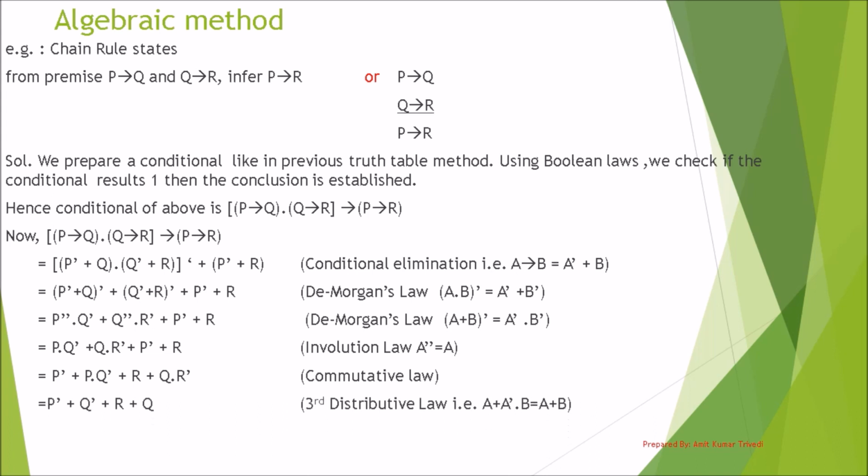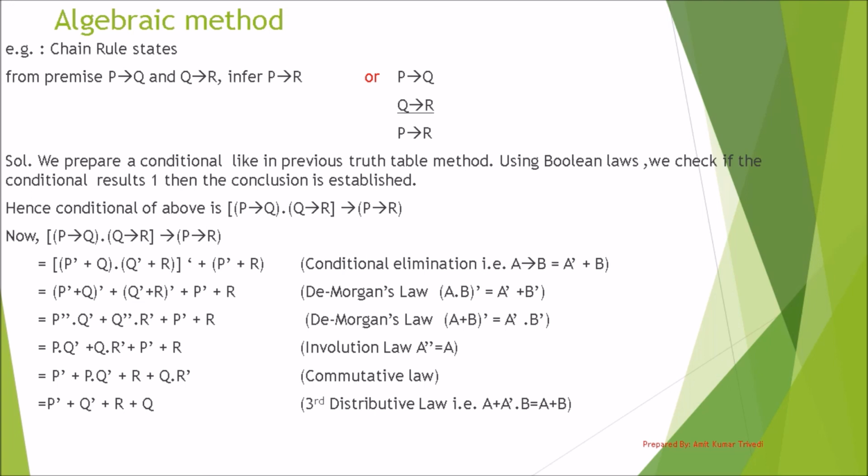Then we apply the third distributive law that states A plus A complement dot B is equal to A plus B. Here you can see in the previous statement P complement plus P dot Q complement will give you P complement plus Q complement, and R plus Q R complement will give you R plus Q.